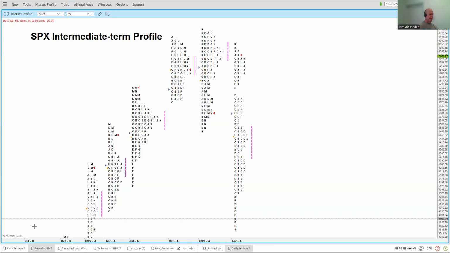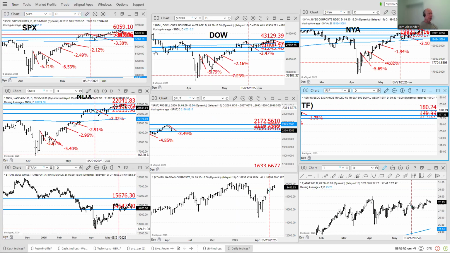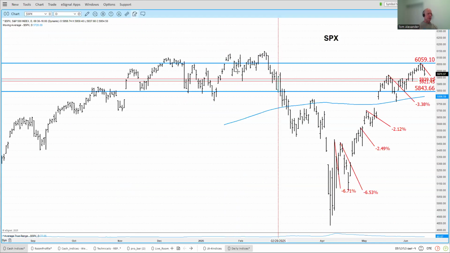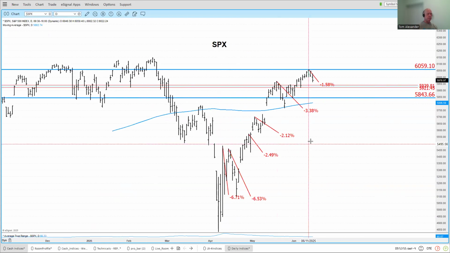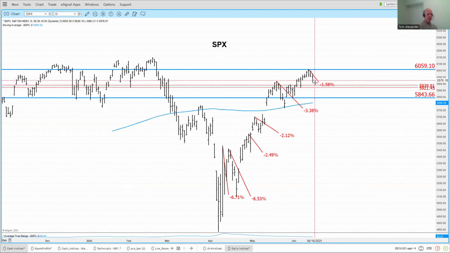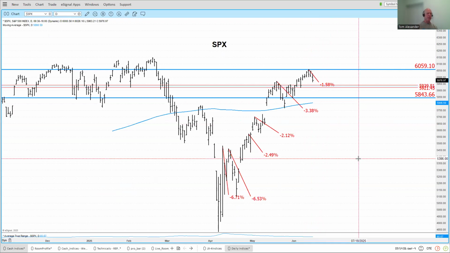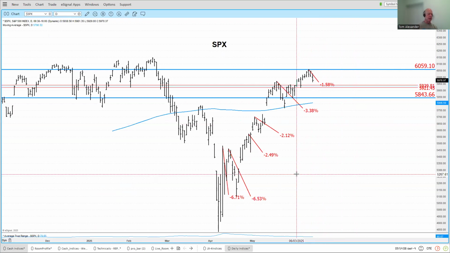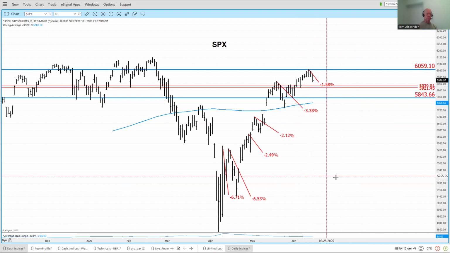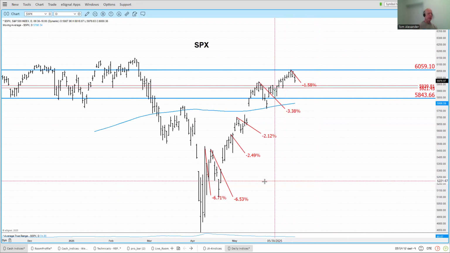So let's take a look at the individual charts. And so here's the SPX. From the absolute top tick on Wednesday to the bottom tick on Friday, we're down a whopping 1.58%. You can see that's on the very, very, very low end of retracements that we've seen since the April low.